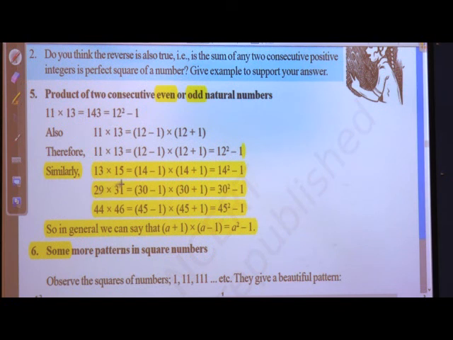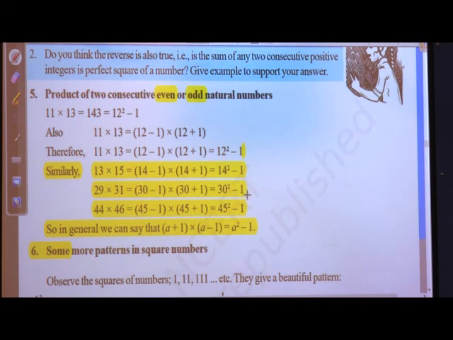Similarly, 29 into 31, same thing, consecutive odd natural numbers. 29 is an odd number, 30 is an even number, 31 is an odd number. So, 29 and 31 are consecutive odd natural numbers. After 29, the next odd number is 31. It is equal to (30 minus 1) into (30 plus 1), which becomes 30 squared minus 1.